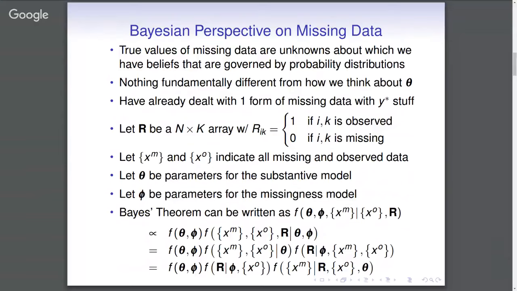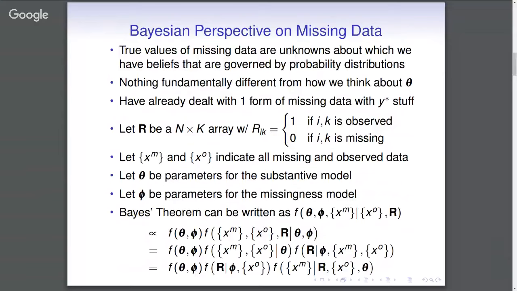So there's going to be two types of parameters generically. Theta is a vector of parameters for the so-called substantive model, the model that you would estimate if everything was fully observed. And we have another parameter vector, phi, which stands for the parameters of the missingness model. So in general, we're going to have to incorporate a model for R into our Stan program, or whatever Bayesian thing we're using.